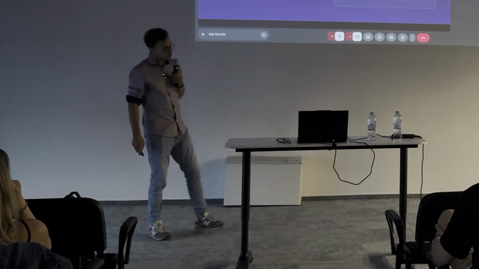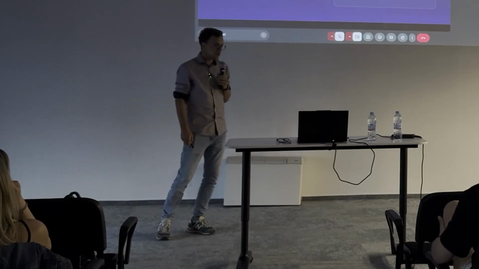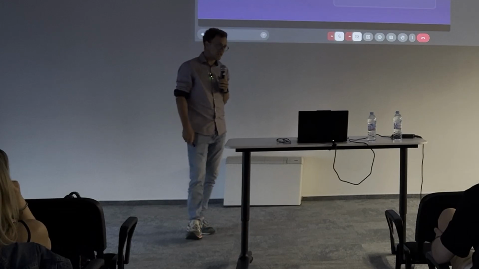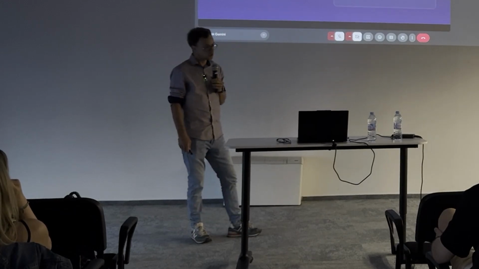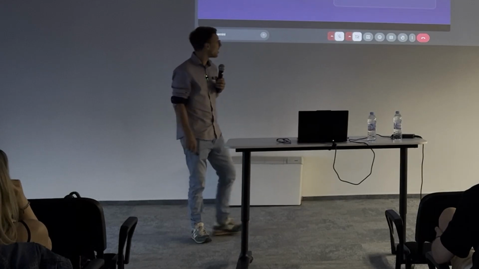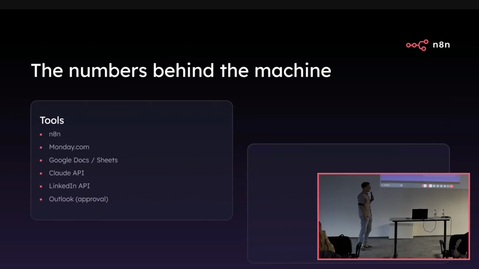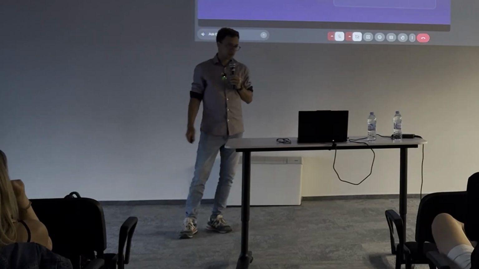First, which tools do we use? And I personally don't think that these are any specific or very fancy tools. It's a tool that every marketer uses, I guess. So obviously n8n, otherwise I wouldn't be here today. Monday.com as the project management platform. Google Docs and Sheets, this can obviously be replaced by Word, Excel.